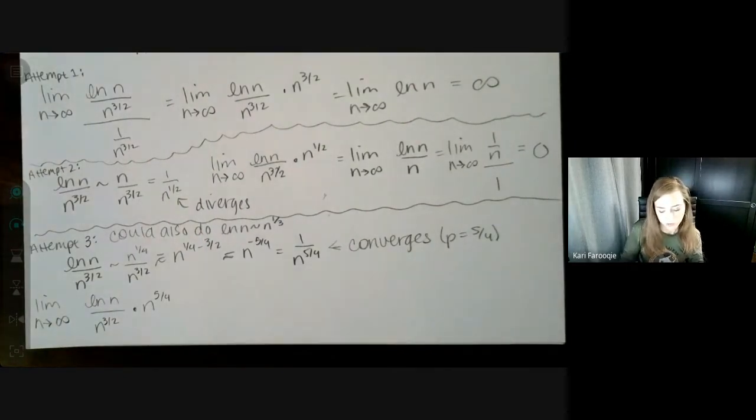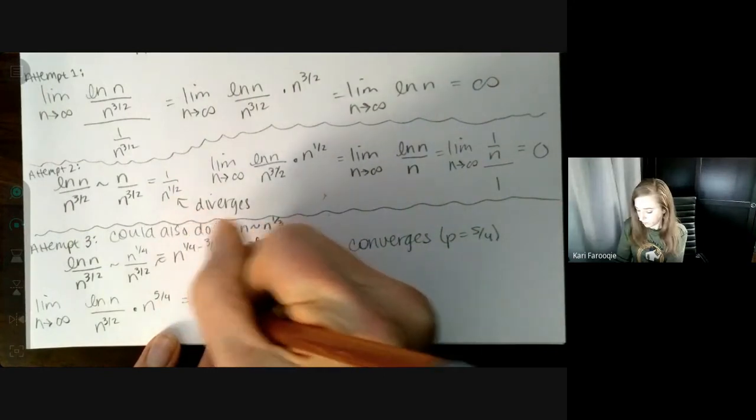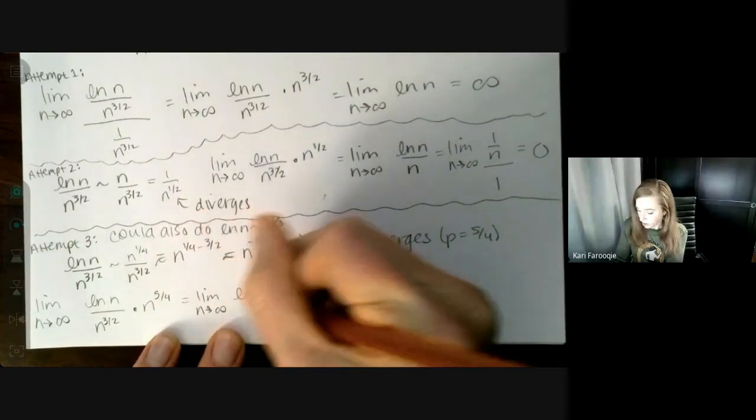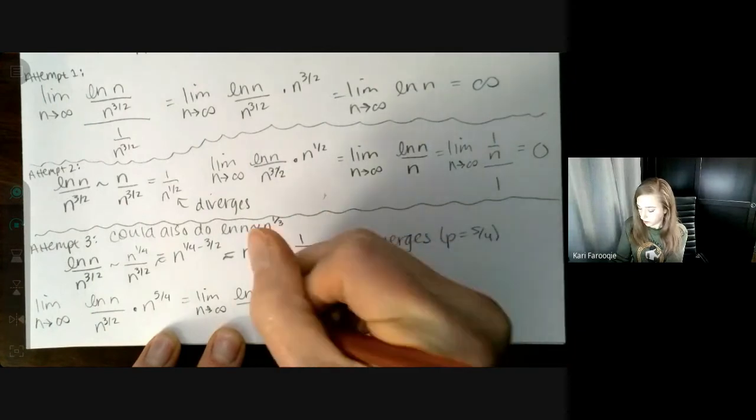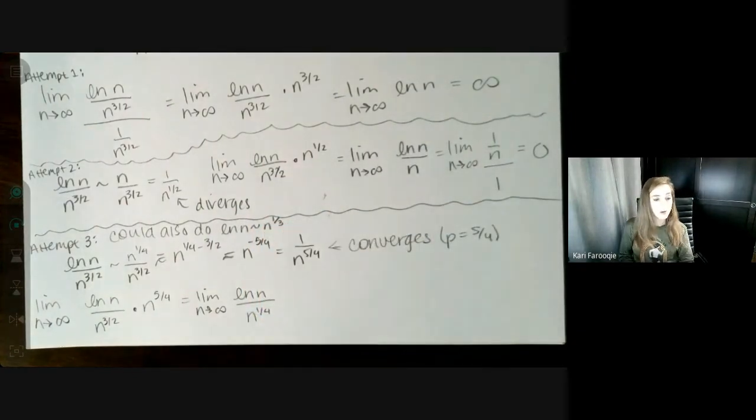That leaves me with negative 1/4. So I'll have ln n divided by n to the 1/4 power.